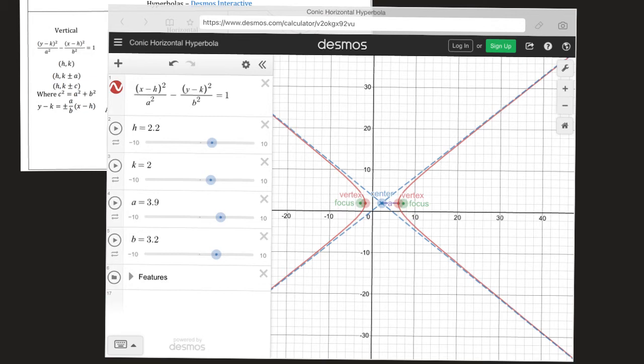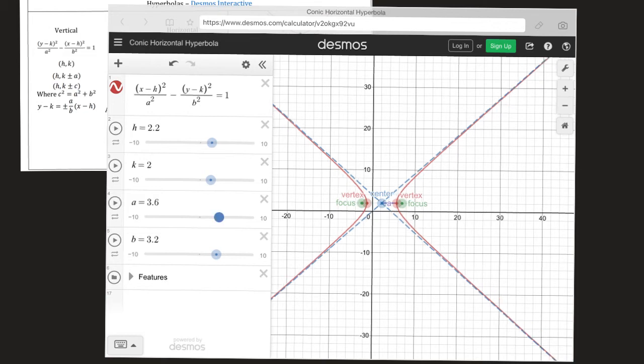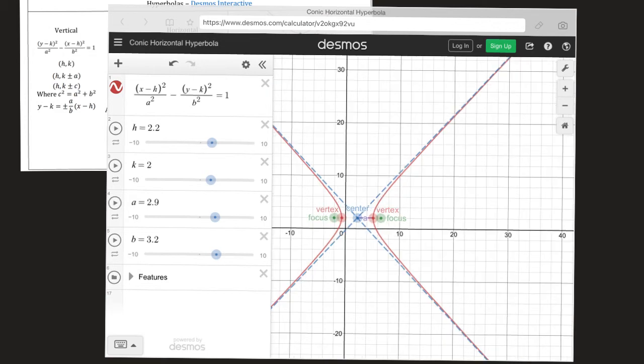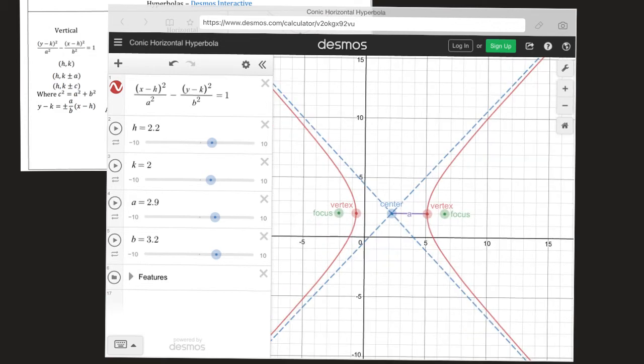The other thing that A and B can dictate is how close together or far apart your foci are. These hyperbolas have a focus, one in each of the curved shapes. Now that we've explored all these features, we're going to use our formulas to find these features for a graph and graph them.